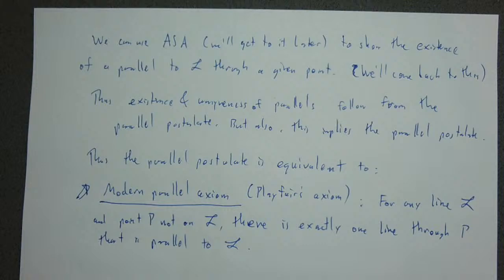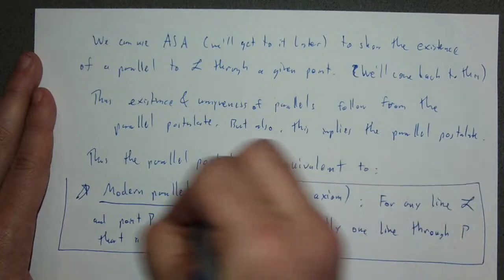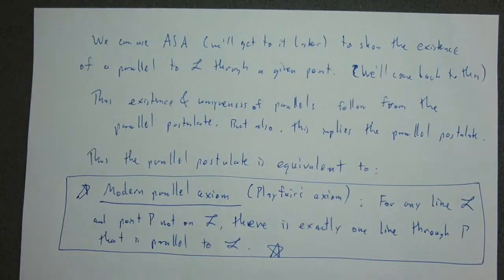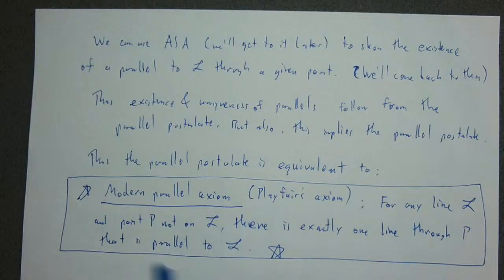Now, for a number of reasons, this can be a more convenient form of the parallel postulate. But for a lot of our uses, we actually want to involve the angles. Notice this doesn't involve any angles, right?